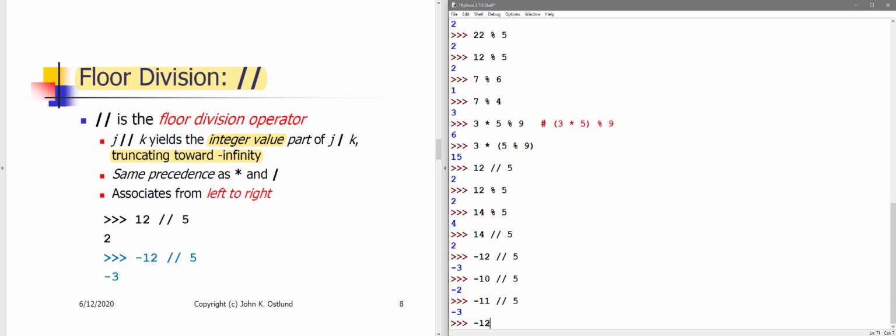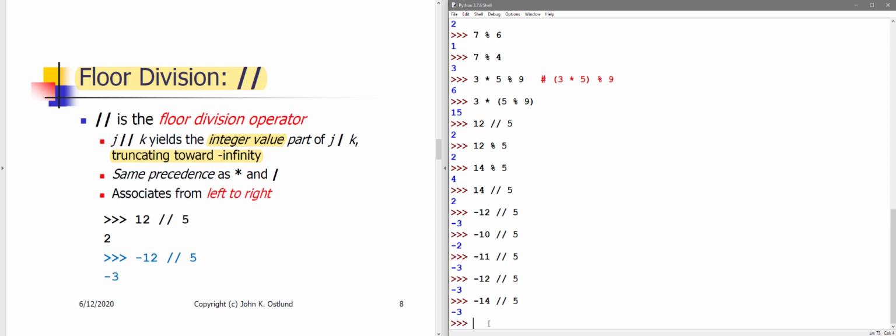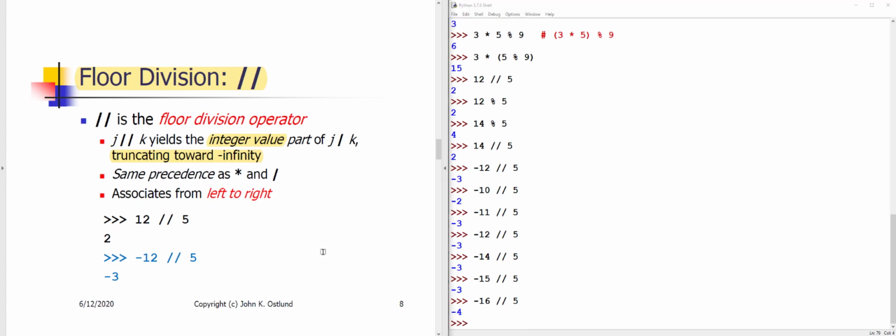And then likewise minus 12 floor divide by 5, all the way down to minus 14 floor divide by 5, these are all minus 3. Actually, minus 15 floor divide by 5 is minus 3. And then when I get below that, minus 16 floor divide by 5, now I get pushed all the way down to minus 4. Okay.